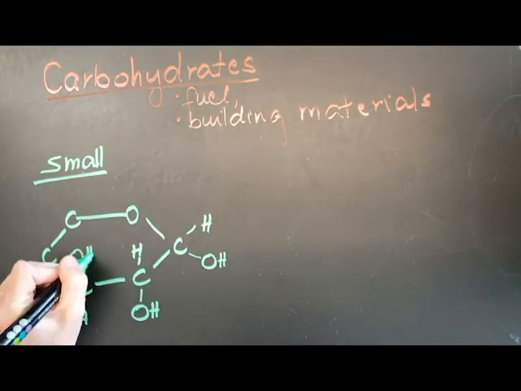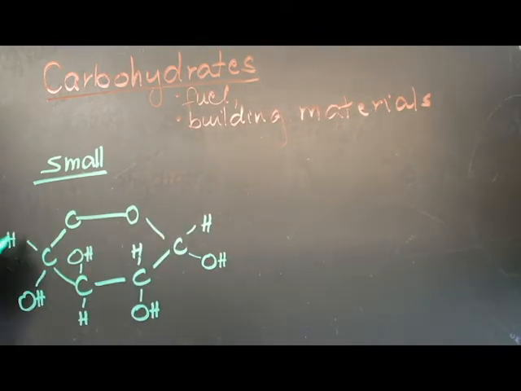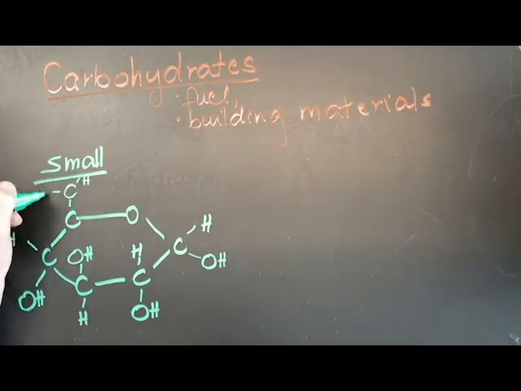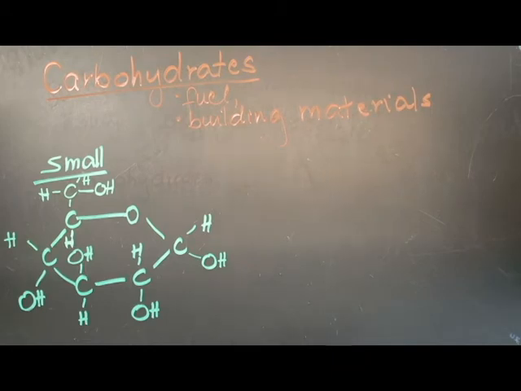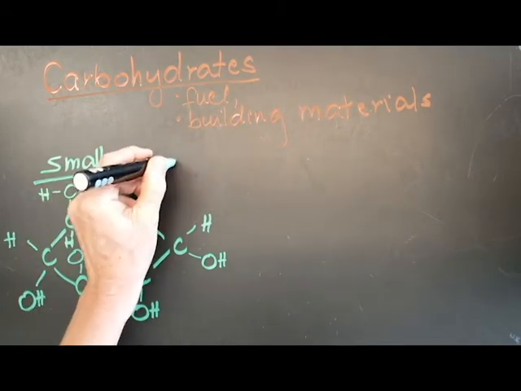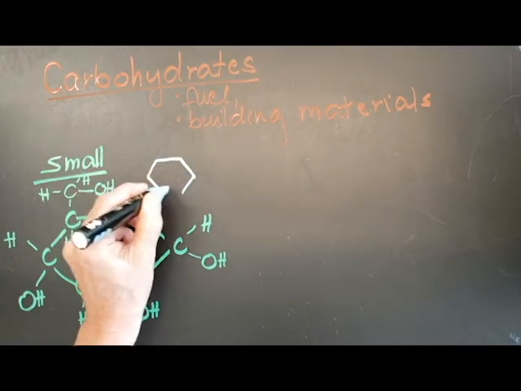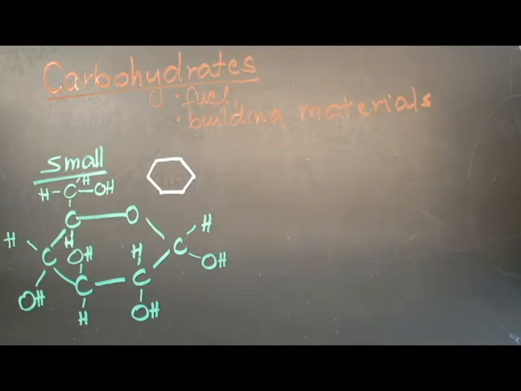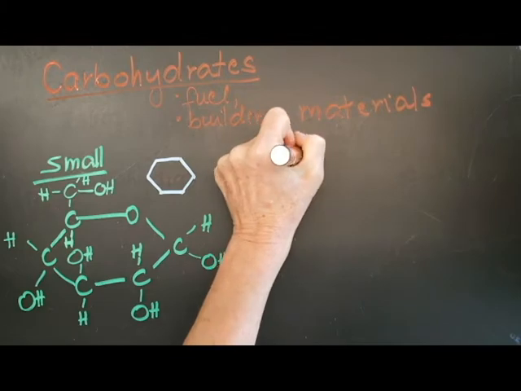Now, this might be a little bit too much to expect from you guys to write this out, but we will use an abbreviated version of that, a hexagon that will serve or model a small glucose molecule.